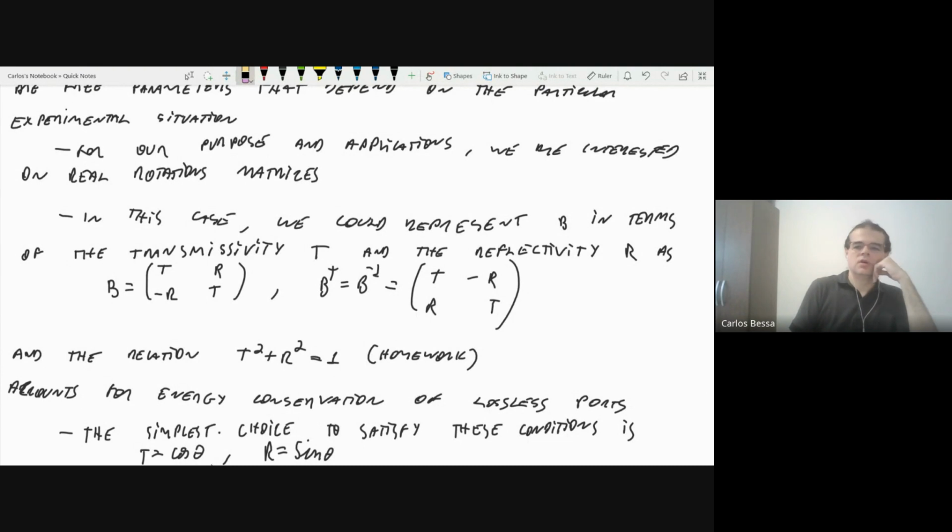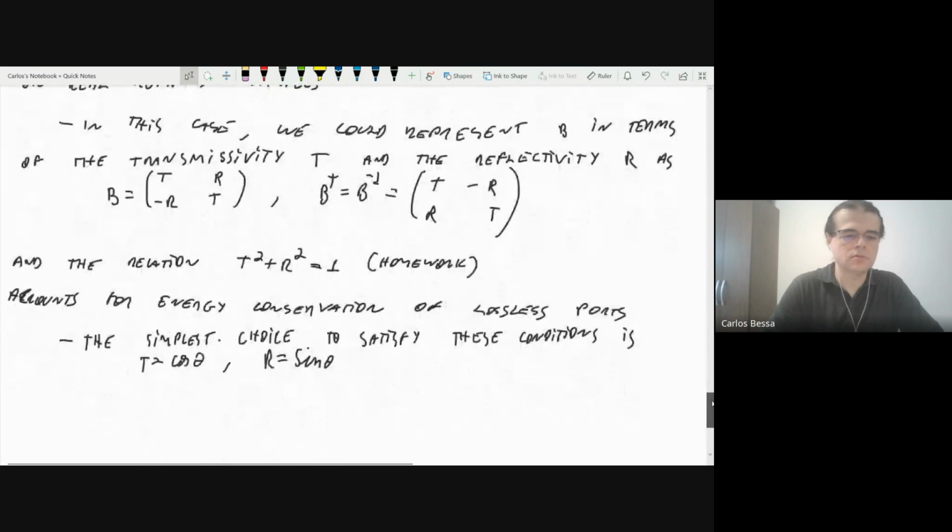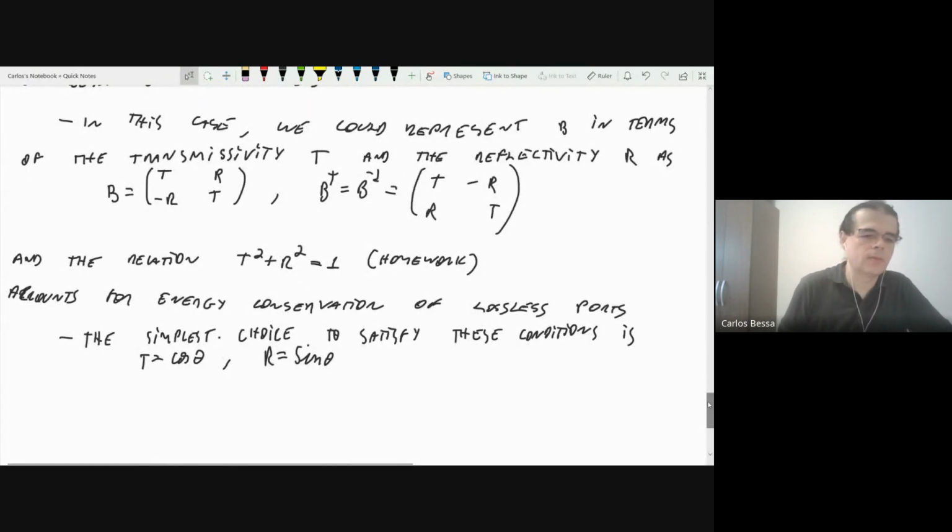So okay, with this choice, we can find, then, in B, this guy here will be just cosine of theta, sine of theta, minus sine of theta, cosine of theta.